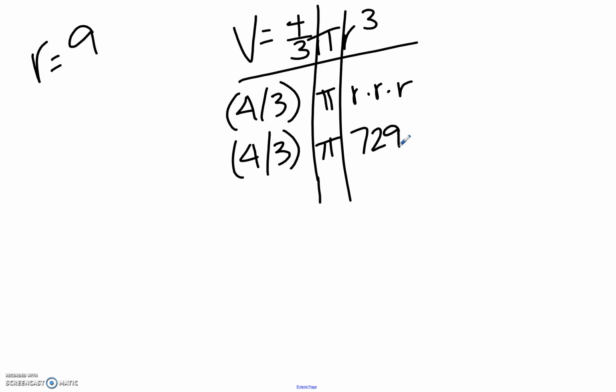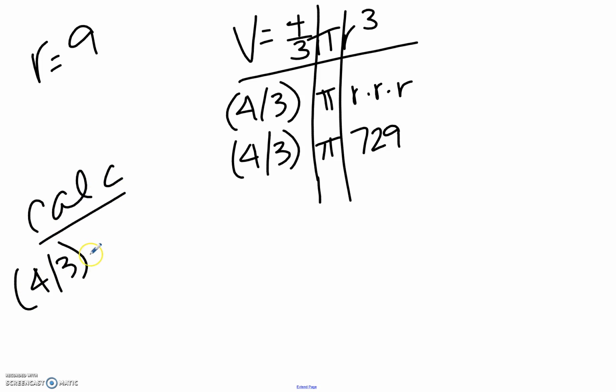And then with your calculator, you are going to enter, so here's your calc stuff, 4 divided by 3 times 729, and you get 972.